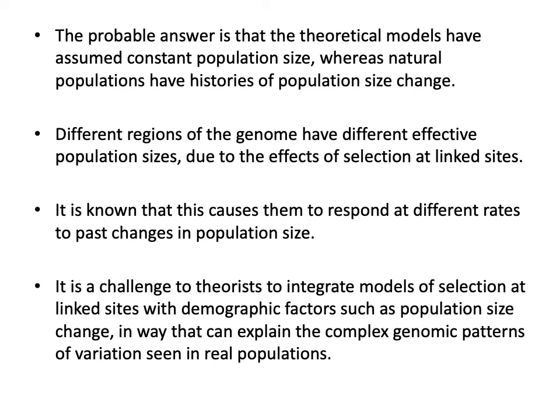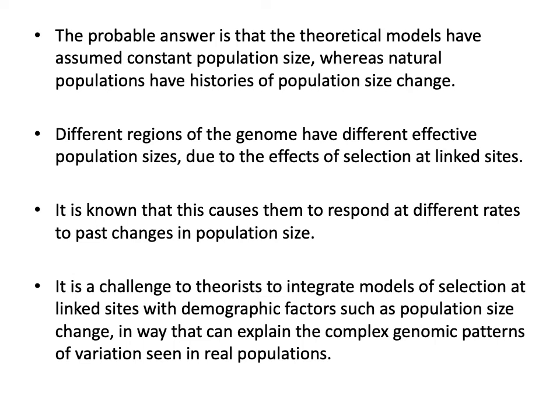A probable answer to these paradoxes is that the theoretical models have assumed constant population size, whereas natural populations have histories of population size change. Different regions of the genome have different effective population sizes due to the effects of selection at linked sites, and it's well known that different effective population sizes cause a different rate of response to past changes in actual population size.